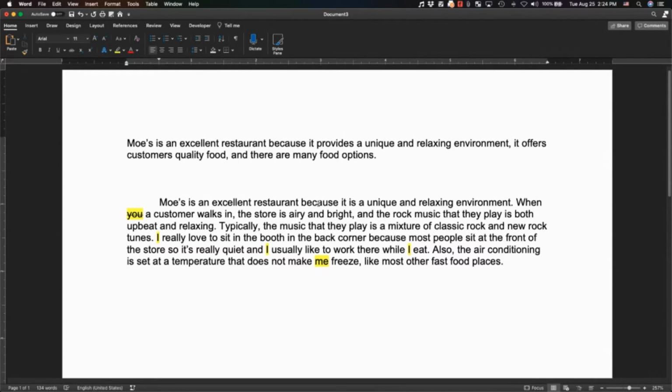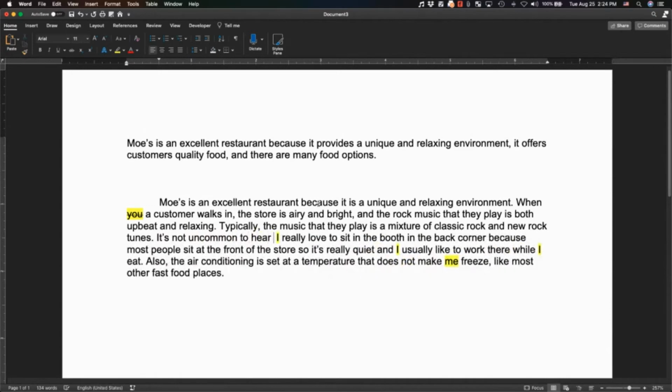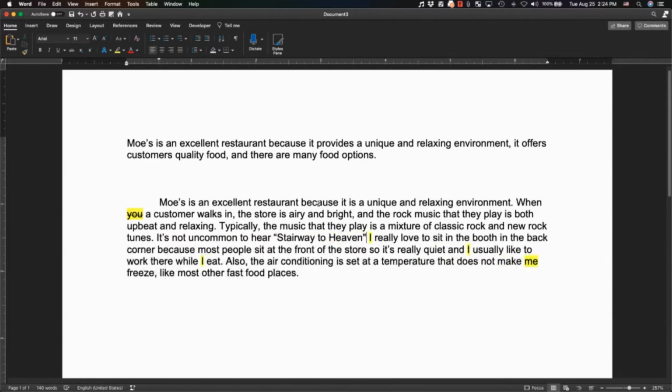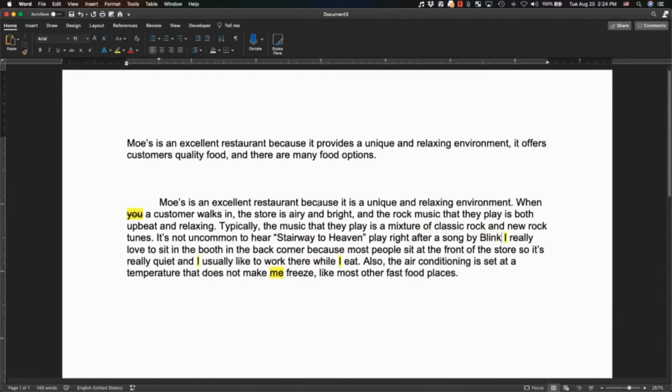If you wanted to go even further, you could say it's not uncommon to hear, let's say, Stairway to Heaven play right after a song by Blink-182. I know that's kind of an older band, but they're both older. It works. So now we've gotten even more specific here.